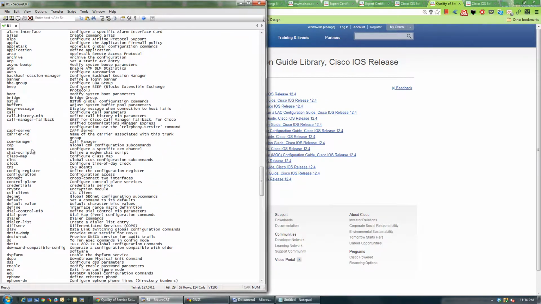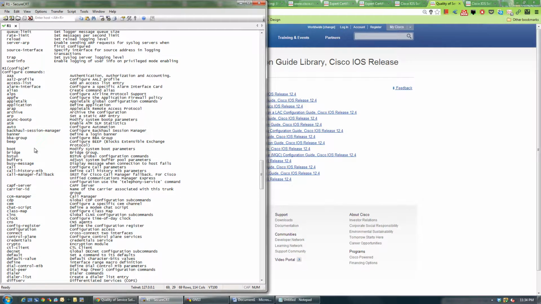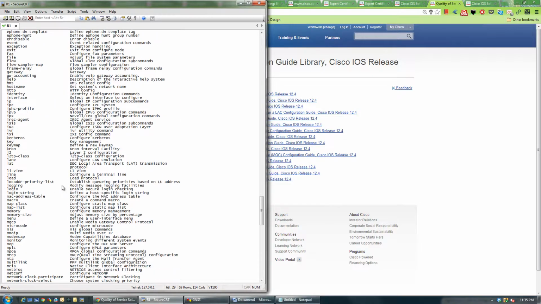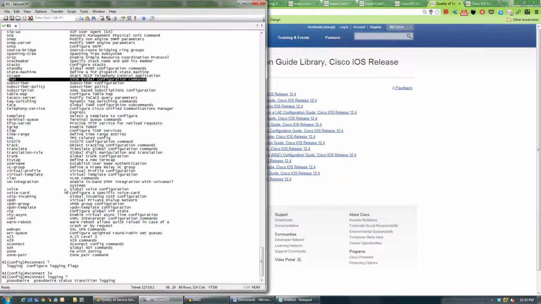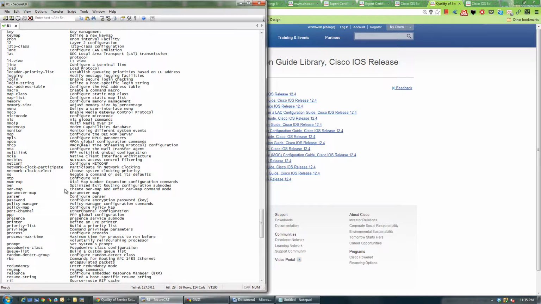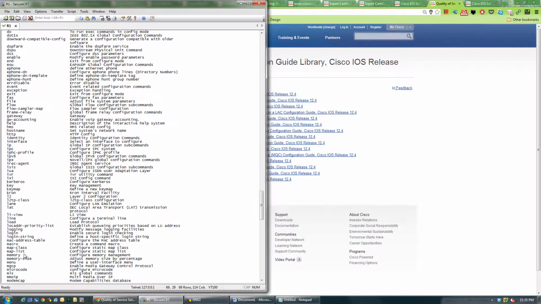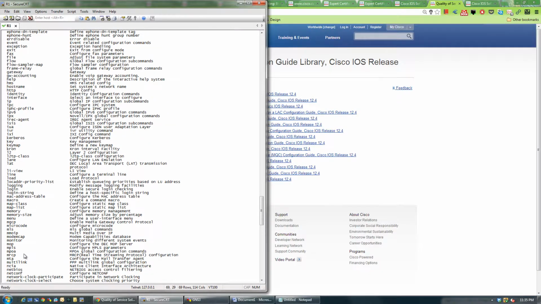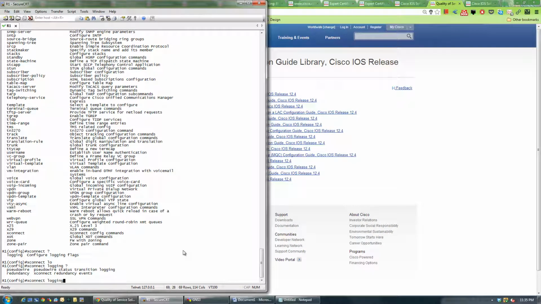So see, just by typing this, you see lots and lots of commands. Whew. Don't get overwhelmed. Just try to understand these commands and their applications. We use small commands. The biggest one would be IP and IPv6. Let's see how much IPv6 has got.